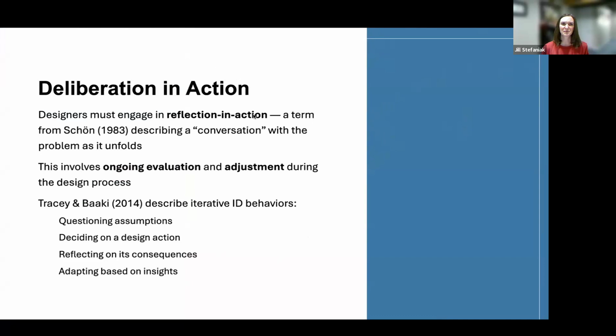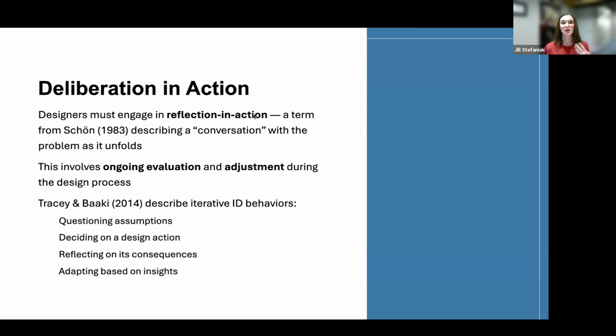And so if we're thinking about it, it's this ongoing evaluation and willingness to adjust and pivot during that design process. As more information becomes available to us, as different contextual factors change, or there are things that just happen to pop up that perhaps weren't there during that initial kickoff meeting, reflection and action allows us to make the necessary changes.